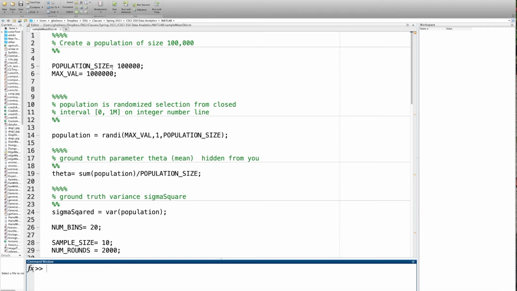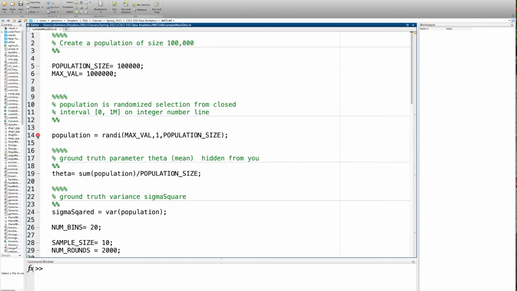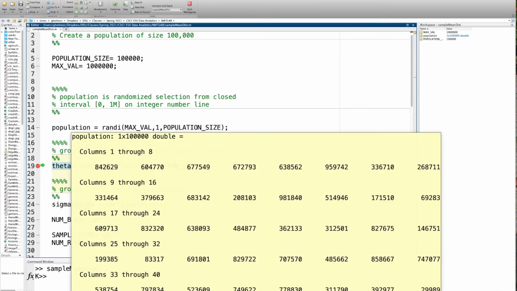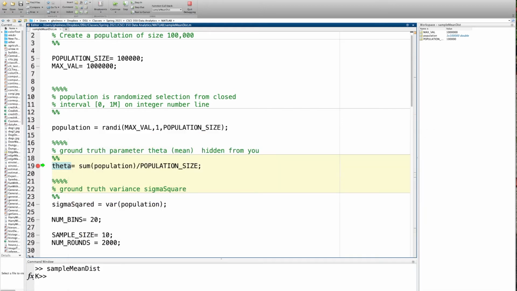And so we'll start out with our population size, and then we'll randomly create some samples, and we're going to sample 100,000 many times in the interval from 0 to 1 million. Okay, so if we do that, we get a vector. We continue, and we can take a look at that vector. It's just some numbers between 0 and 1 million, and there are 100,000 of these numbers.